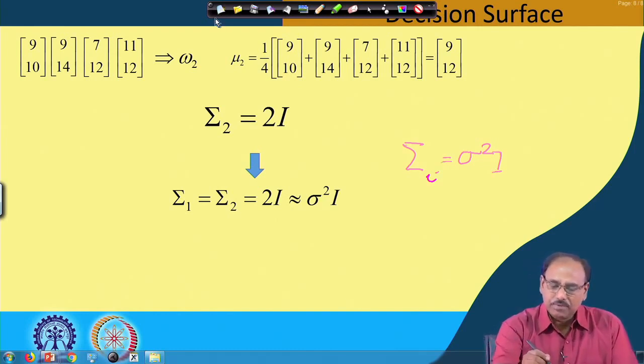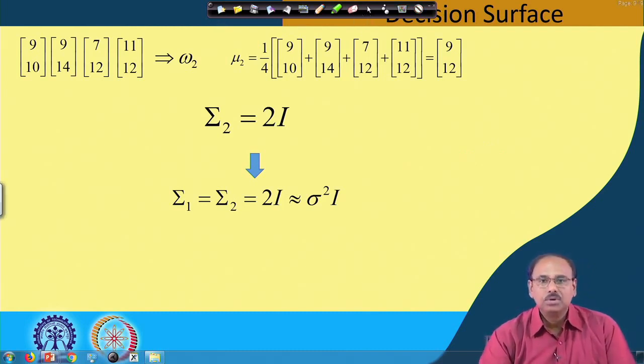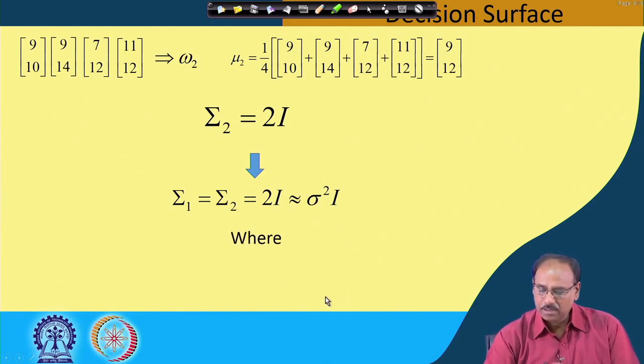This is a perfect case of that, where I have sigma 1 and sigma 2 equal, and that is 2 into I, which is of the form sigma squared I. And what is sigma squared? Sigma squared in this case is 2, so sigma is square root of 2.